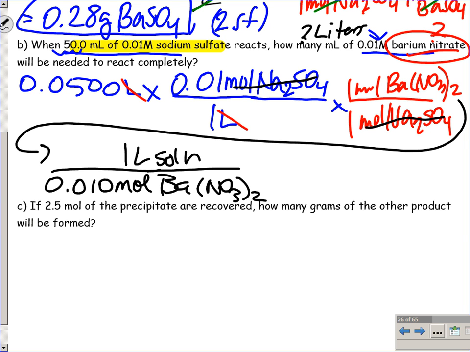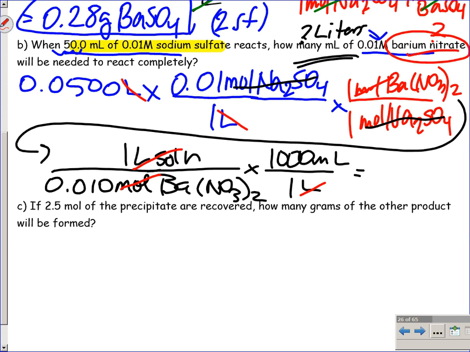The final question was actually milliliters, if you remember. So how do I get from liters to milliliters? What goes on top? 1,000 milliliters is equivalent to 1 liter. And so the moles of barium nitrate canceled with this up here, top and bottom, liters, and I have my end point, which is 50?